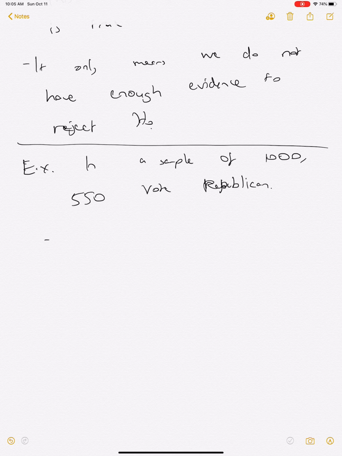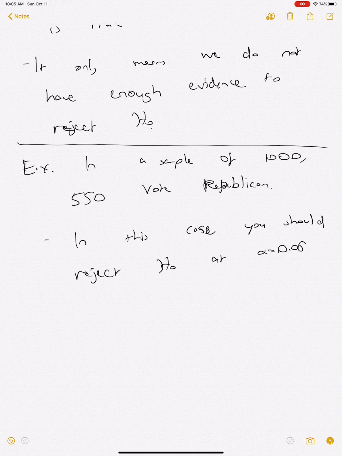So I'm claiming that in this case, you should reject H0 at the alpha equals 0.05 level.